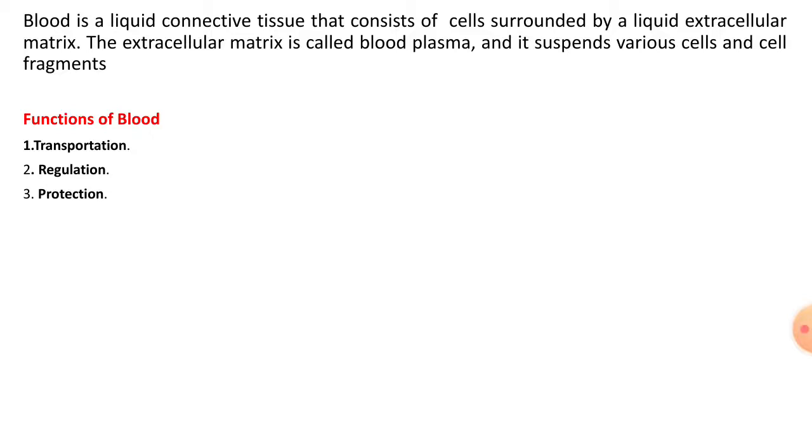Number two is regulation. The blood plays an important role in maintaining homeostasis of the body fluid, and it helps in regulation of the pH of the body by its buffer action, and it helps in adjusting the body temperature because it contains water, and the water has absorbing and coolant properties, and also the flow of the blood under the skin makes the body able to get rid of excess heat when it is present in the body.